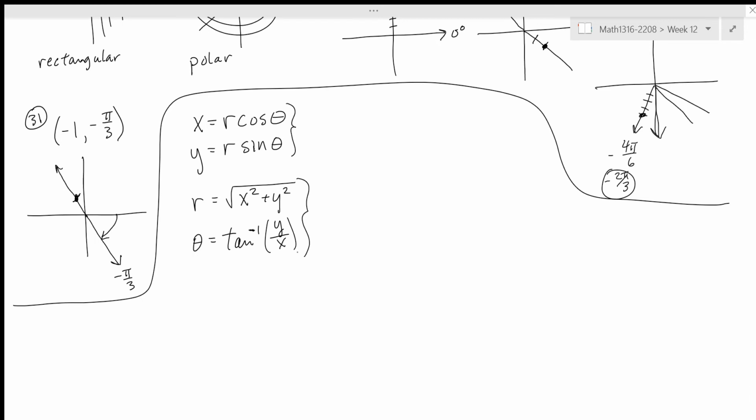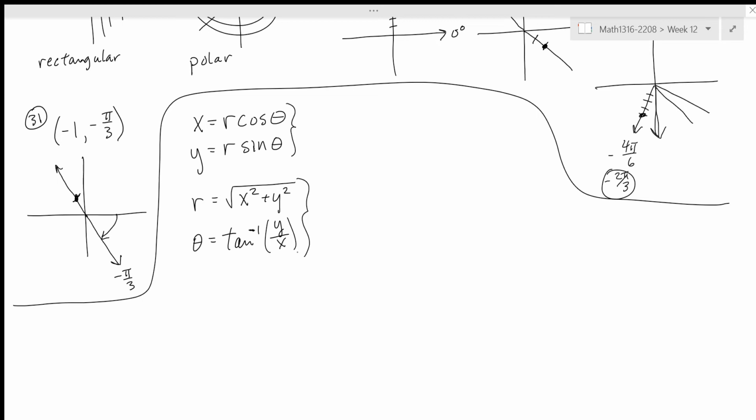Y'all remember we said that there are two coordinate systems, right? There's the rectangular coordinate system and there's the polar coordinate system. Sometimes you're working in the rectangular coordinate system and you need to convert over to the polar coordinate system, and that's what these formulas are good for. They convert from rectangular to polar or from polar to rectangular, and you'll need to know which set of formulas to use based on which way you're going.